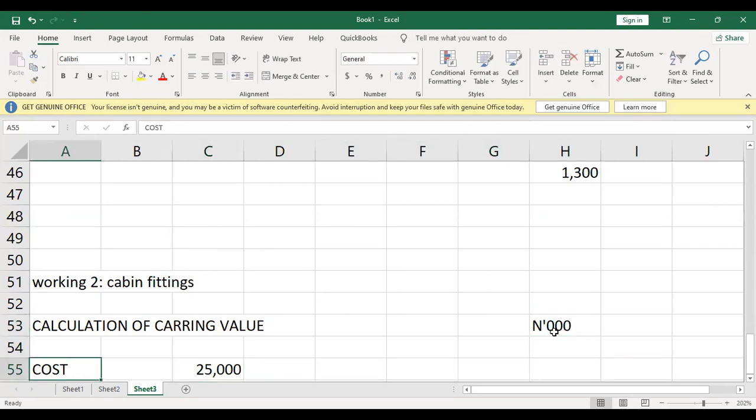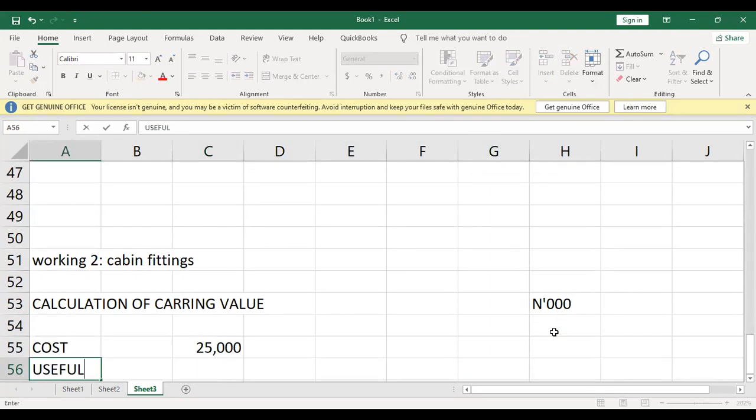Useful life is 5 years. And it was used for 3 years. So what do we have?